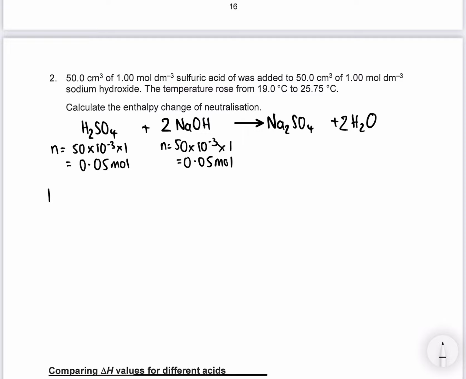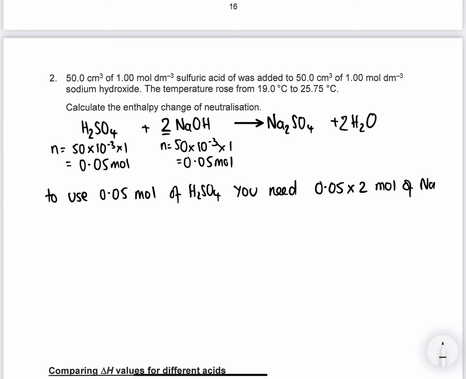And so to use 0.05 moles of H2SO4, you need 0.05 times 2, because the ratio is 1 to 2, moles of NaOH, i.e. 0.1. Haven't got 0.1.